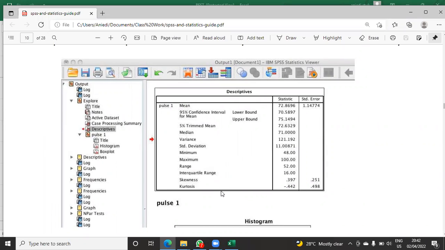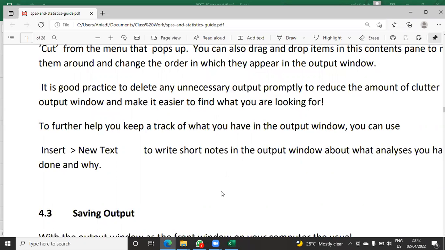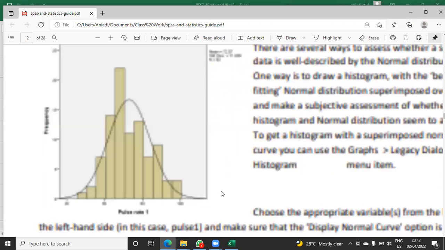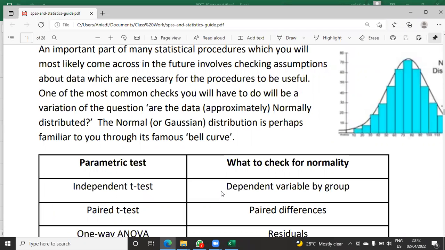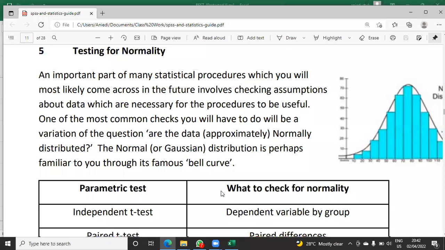Okay, I think it's the same thing. All right. Okay, this is test for normality. There are different kinds of tests.